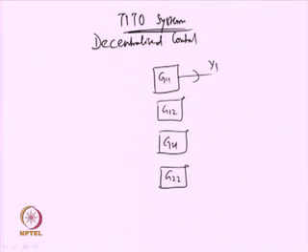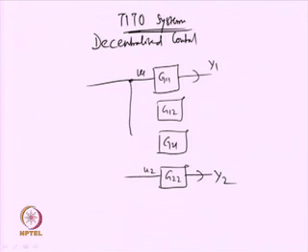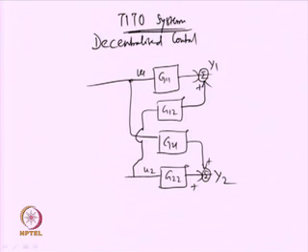Outputs are Y1 and Y2 over here, and inputs are U1 and U2. Now, we have the loop interaction. So, we will get this added over here, and due to that we will have additional signals coming from the other loop. So, this is how we develop the 2 by 2, or 2 input 2 output, system.